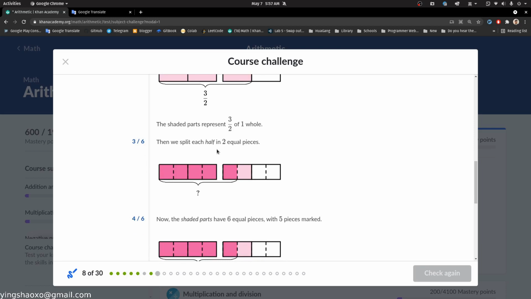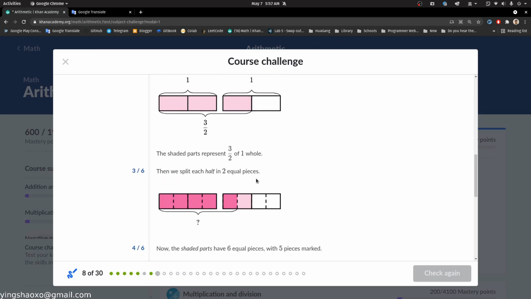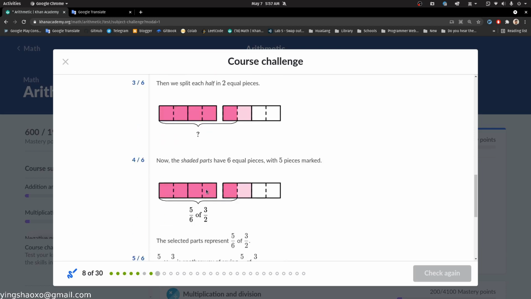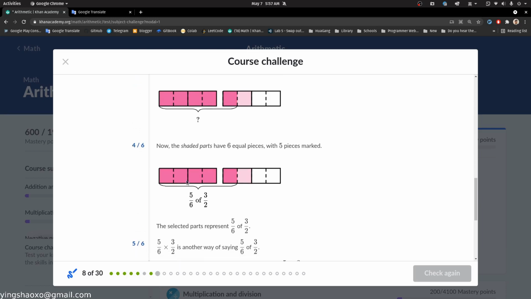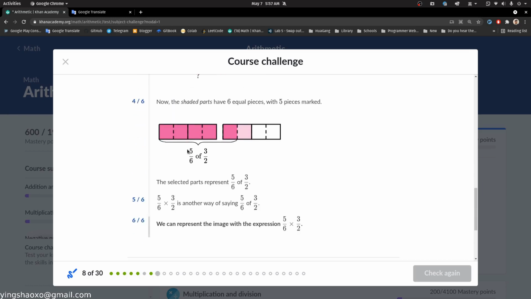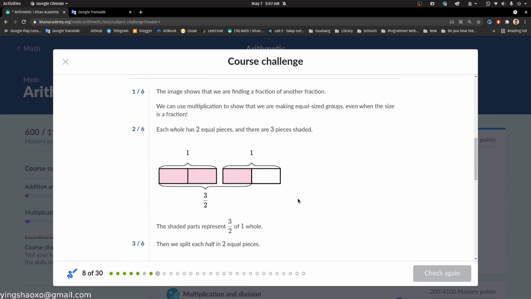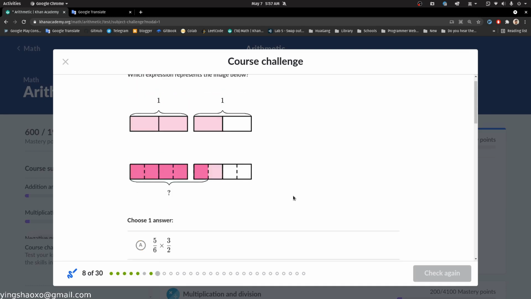Then we split each half into 2 equal pieces. So 1, 2, 3, 4, 5, 6. We got 6, and only 5 of them with a deep shade. So in the end, it's 5 over 6 times 3 over 2. Okay, that's how it's represented.